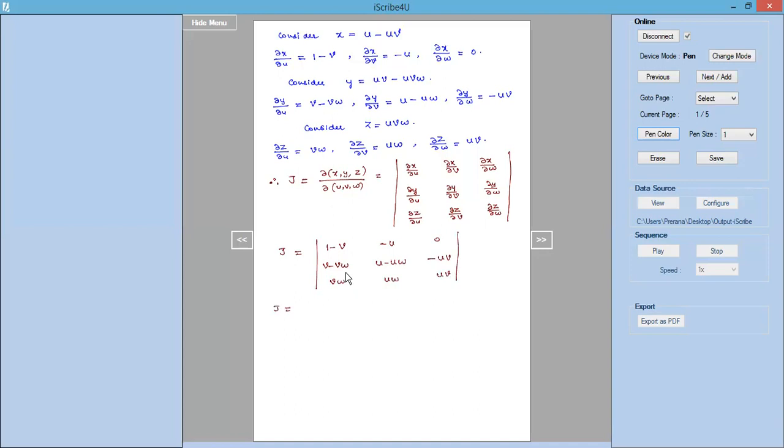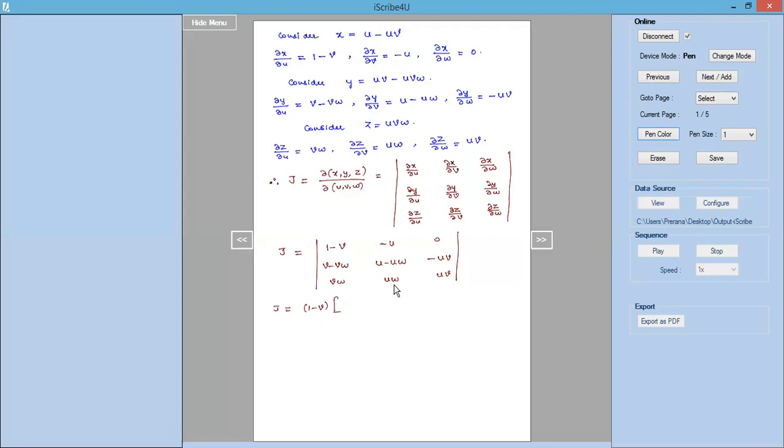So we will expand this 3 cross 3 determinant. First, 1 minus v is multiplied with the 2 cross 2 determinant leaving that particular row and that particular column. So u minus uw into uv, minus of minus uv into uw. That is how we get the first term.